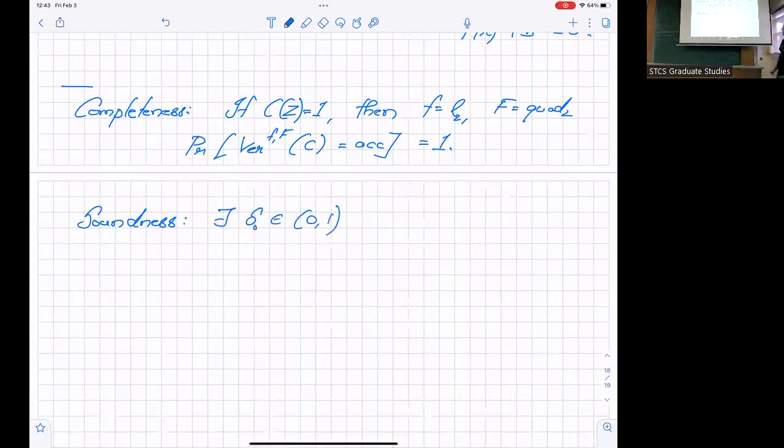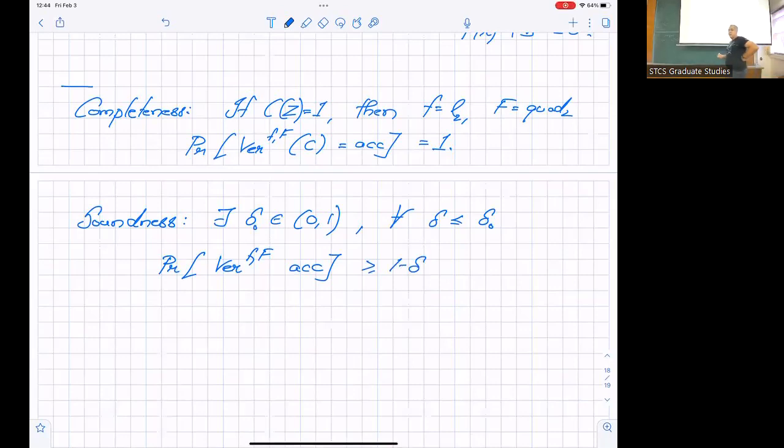In fact, this delta naught I think will be 1 over 20, such that for all delta less than or equal to delta naught, if the probability that the verifier on f, F accepts is larger than 1 minus delta, then I want to claim it must be the case that there is a z that satisfies the test, that is an accepting thing. f is delta close to L of z, and capital F is delta close to this one.